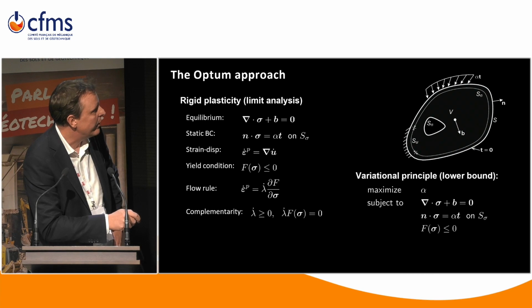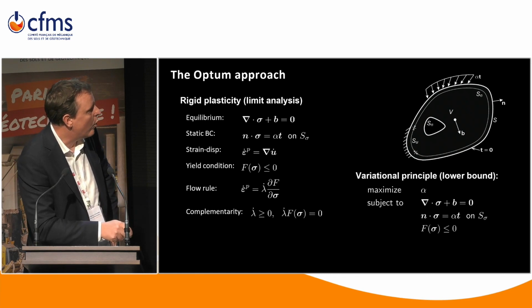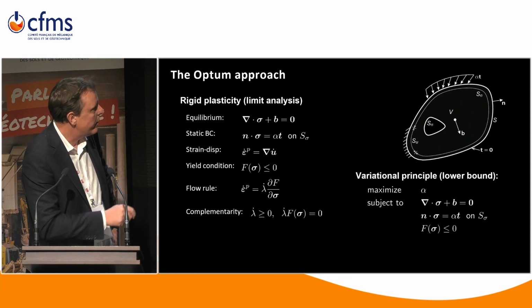On other parts of the boundary it's supported, and on other parts there's no loading. What is the maximum load that we can sustain here? Well, we can solve these governing equations, or we can solve this optimization problem: maximize this load factor subject to equilibrium equations, stress boundary conditions, and yield conditions. Doing one thing or the other, it's the same thing.